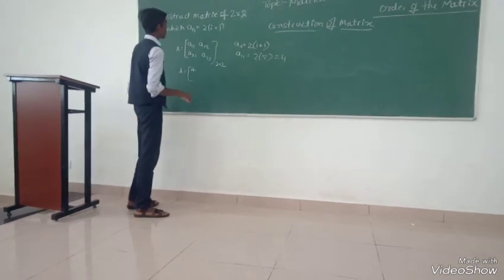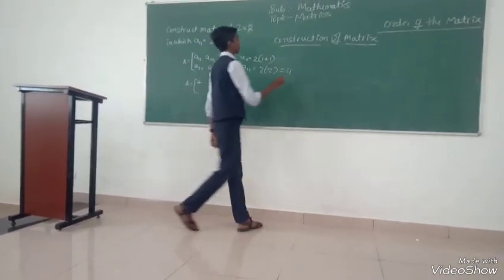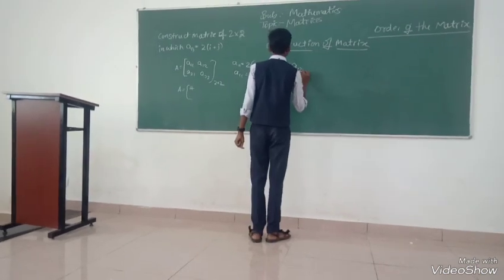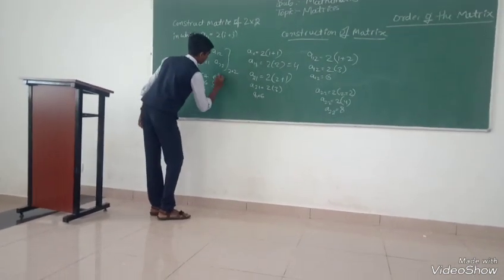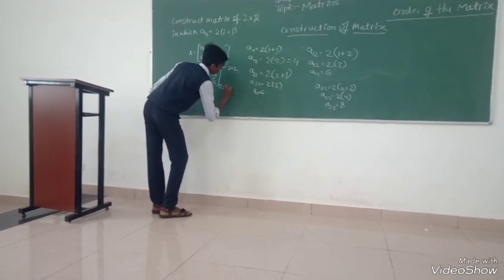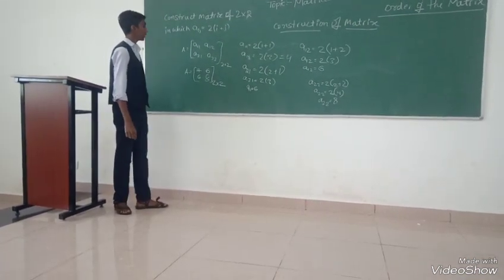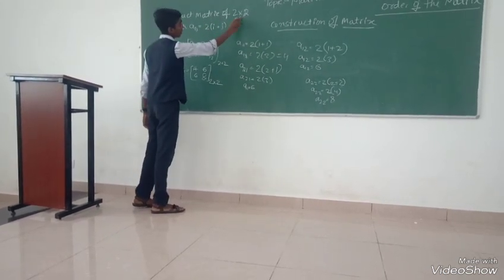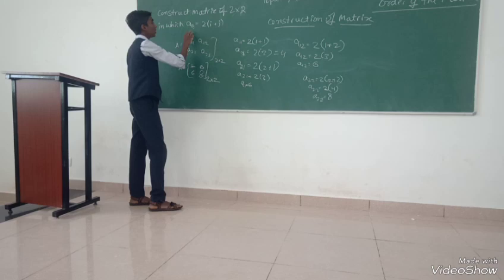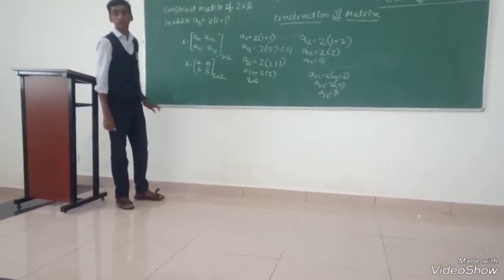Then the element present at first row and second column is 8. Like this, we should find the matrix of the given 2 into 2 order using the given term.